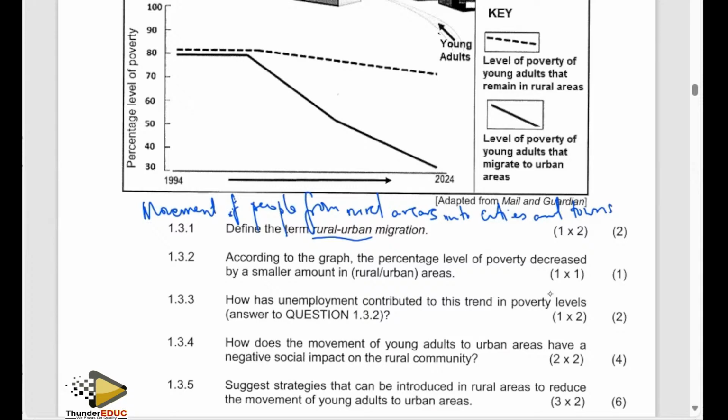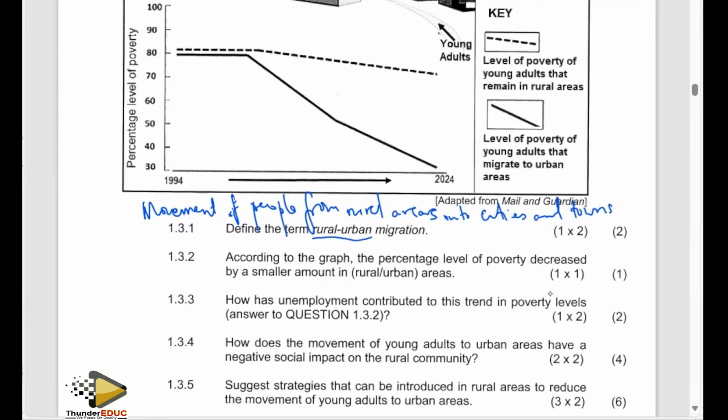If you check the two graphs here, this graph is showing that the percentage level declined sharply from 1994 until 2024. But this one, if you check, it declined just slowly. There is just a smaller change, a smaller decline from around 80 to around 75, somewhere there in 2024.